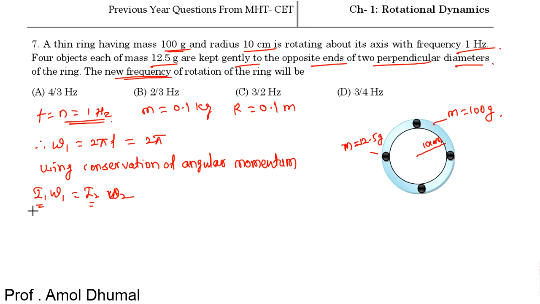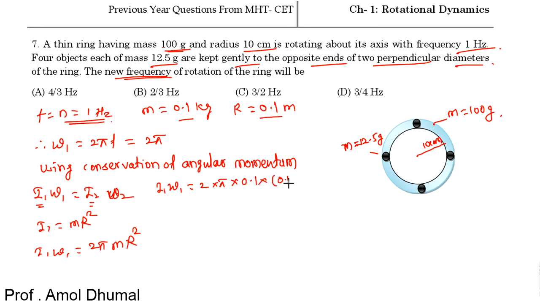So let us find I1 omega 1. So I1 is equal to m r square. So I1 omega 1 is equal to 2 pi m r square. So putting values, 2 into pi into m value is 0.1 into r is 0.1 square.